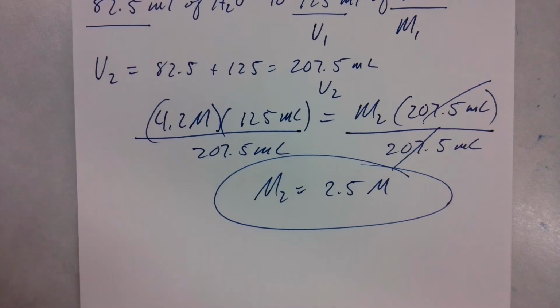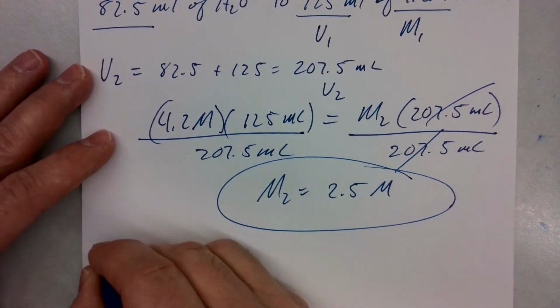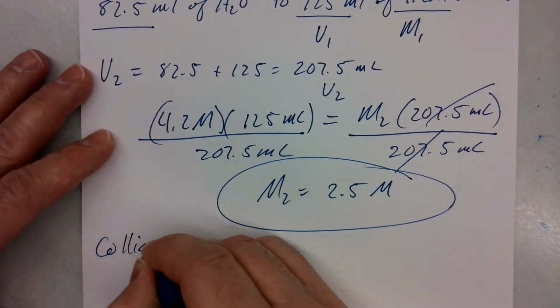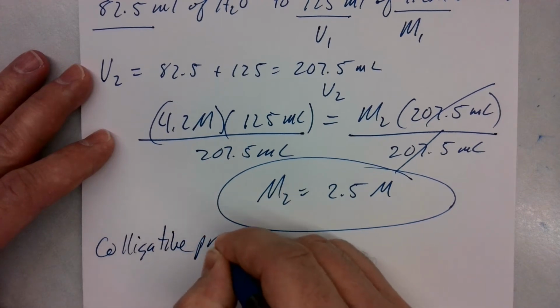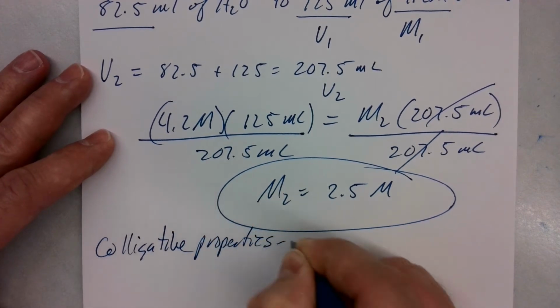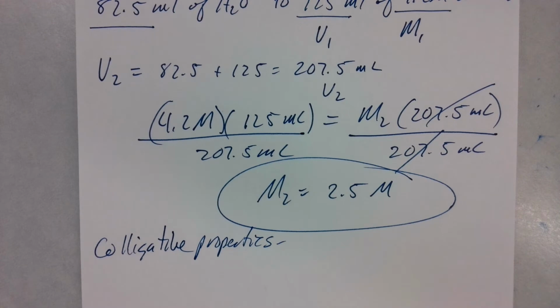Alrighty, now, there are a couple of questions that talk about what are known as colligative properties. Now, they do a very huge disservice to this unit on the test. It hurts my heart a little bit.